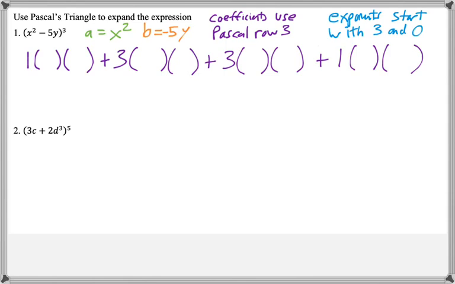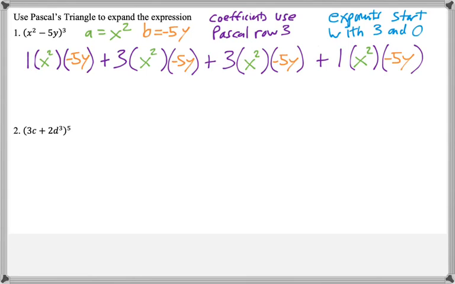So in the first parentheses in each of these terms, I'm going to put A. So they're all x squared. And in the second parentheses in each term, I'm going to put B, or negative 5y.